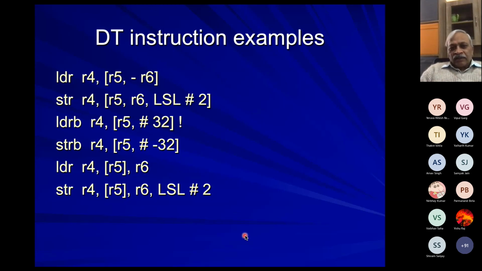Exactly. If you look at LDRB R4, [R5, #32]!, R5 has some address. To that address, we are adding 32 and getting a new address. From this new address, we load a byte into R4. And also because of this exclamation mark, the new address is also put back in R5.